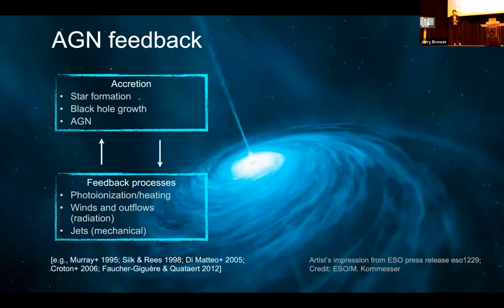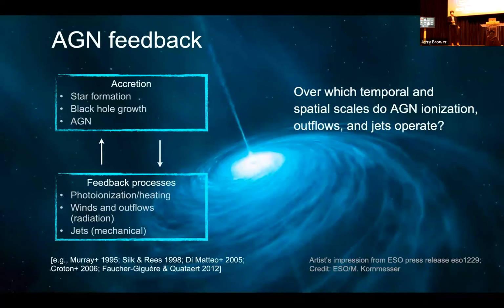However, the observational details of how such feedback works are still controversial, especially on the observational side. And there are some open questions I'm listing here, which are also part of what the CARS survey tries to tackle, which include, for example, over which temporal and spatial scales do such feedback processes operate?